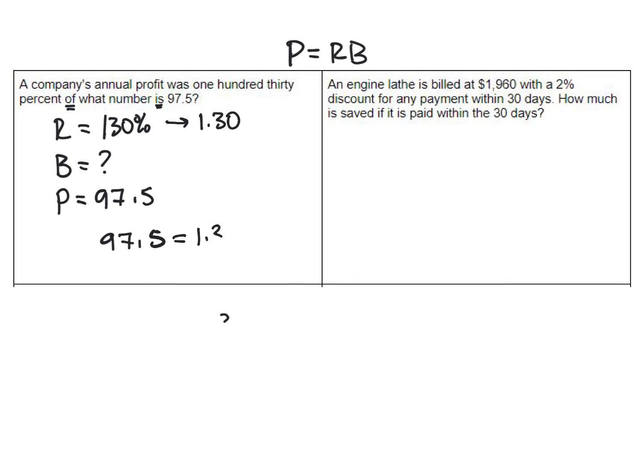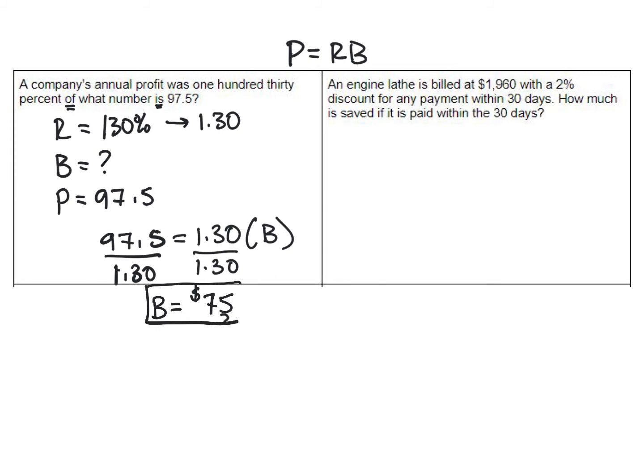So I'm going to put 1.30 as my rate, and my base is unknown. So I'm going to put B right there. So again, this goes back to our very first example when we're trying to find the rate. In this case, if I just divide by 1.30, it will tell me what my base is. And I would get a base of approximately $75.